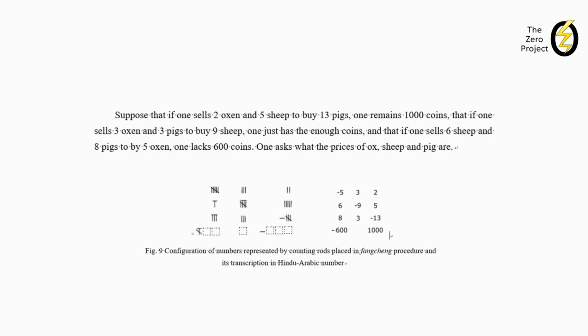When these numbers with positive and negative signs are to be dealt with in the fang cheng procedure, the procedure of the positive and negative is applied. A better interpretation was given by Karine Chemla, a French scholar. She gives an interpretation of this procedure which is different from the former interpretations.